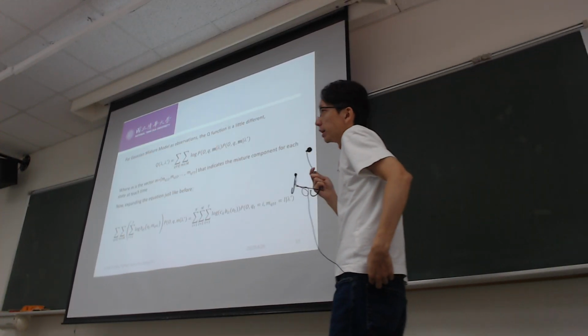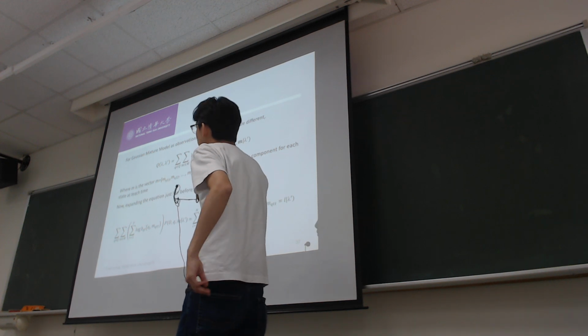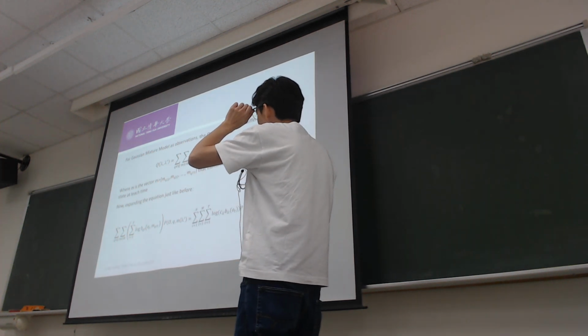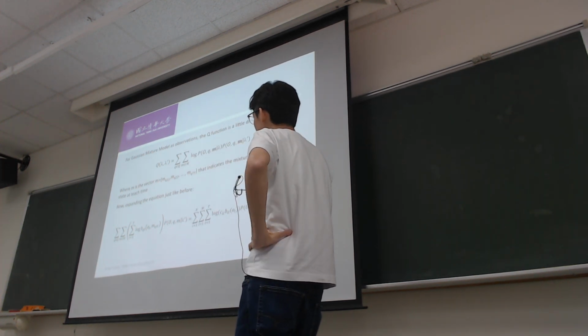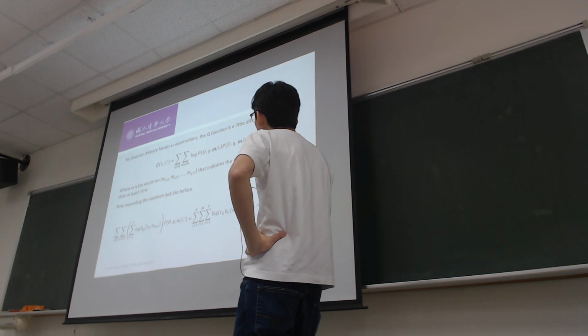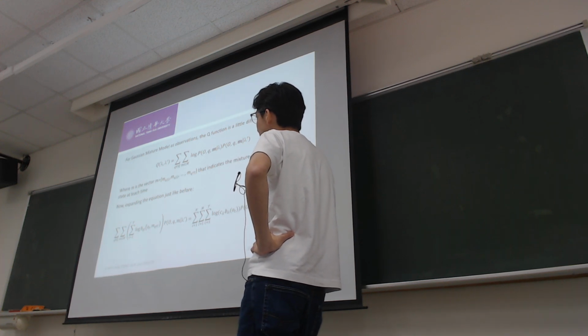The final thing is the Gaussian mixture model, like bj of m. Let's define m as another vector, mq1 1, mq2 2, all the way to mqT T, to indicate the mixture component for each state at each time.